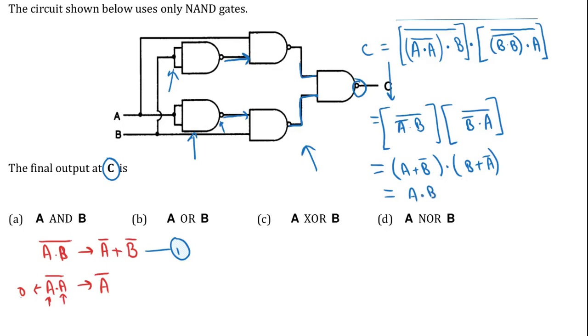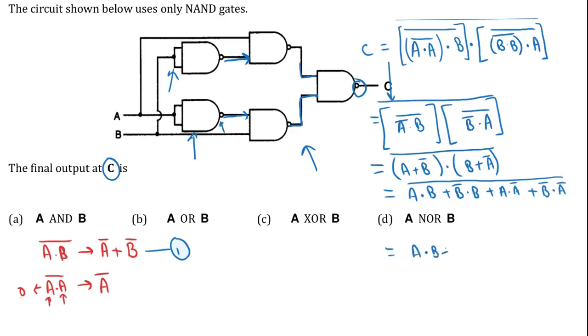A dot B plus B bar dot B plus A dot A bar plus B bar dot A bar. Oh, and I forgot that there was a complement here over each of these elements.